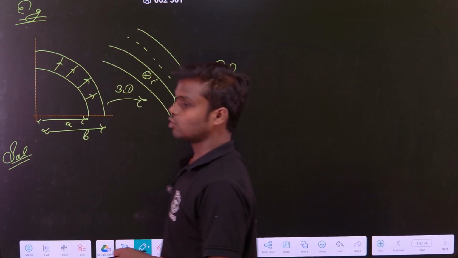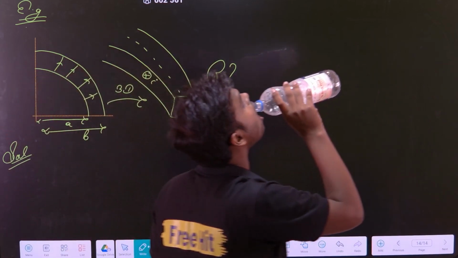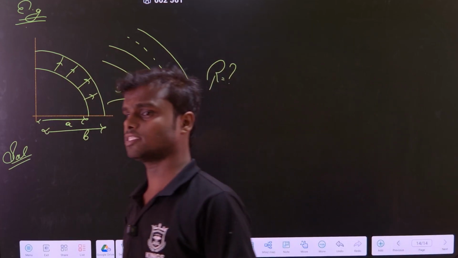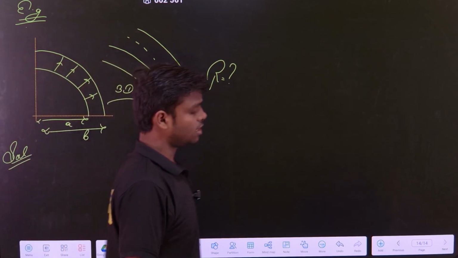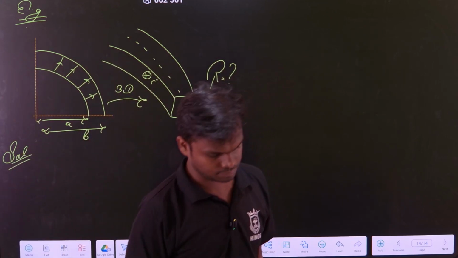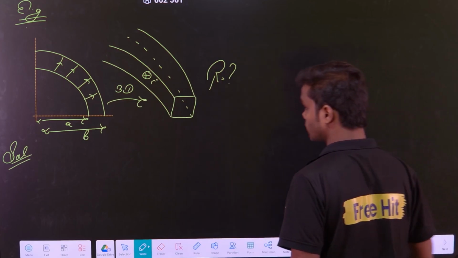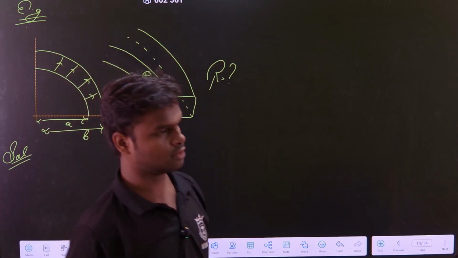First you think which is varying, whether area is varying or length is varying. Then try to write the resistance due to a small element. Then try to see whether it is a series combination or parallel combination. Then after that you integrate.